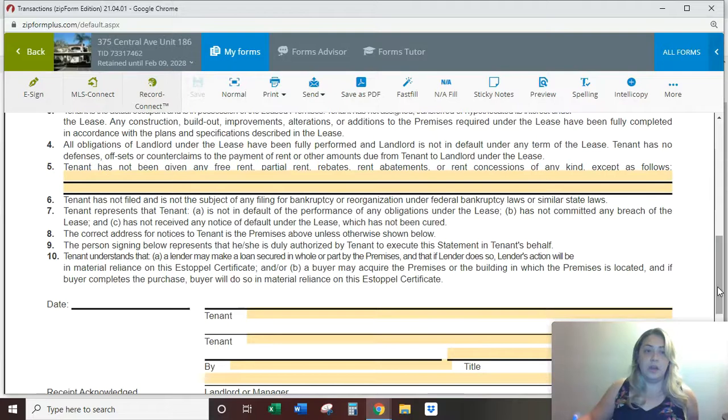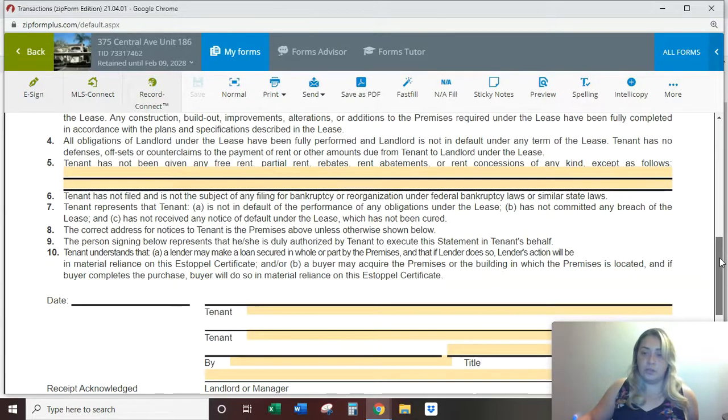Okay, all obligations of the landlord under the lease have been fully performed and the landlord is not in default under any term of the lease. Tenant has no defenses, offsets, counterclaims to the payment of rent or other terms due from the tenant to the landlord.